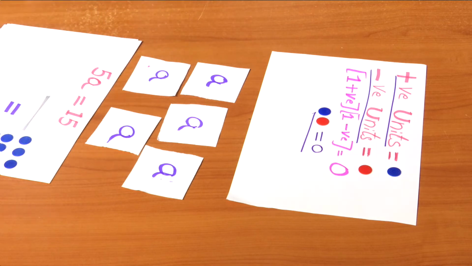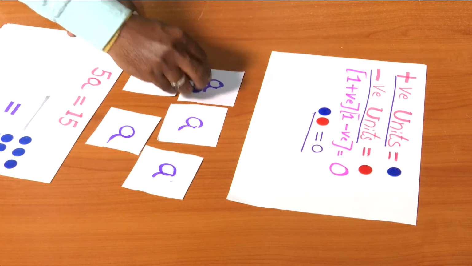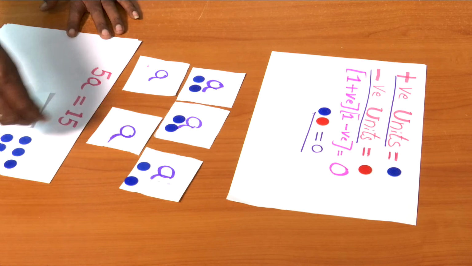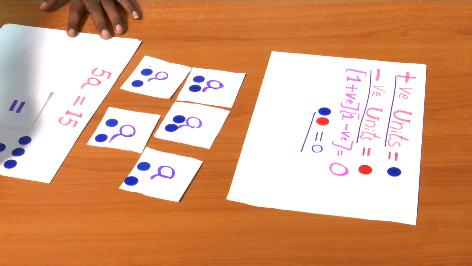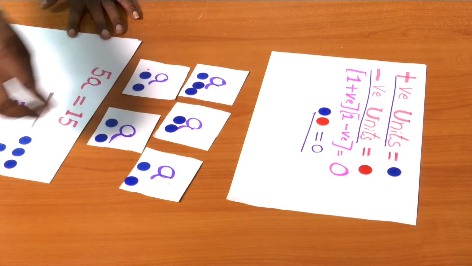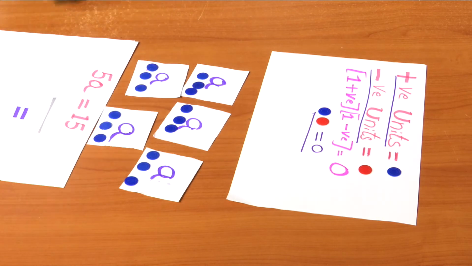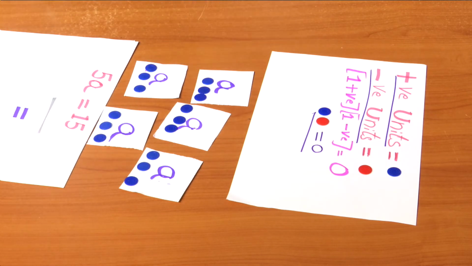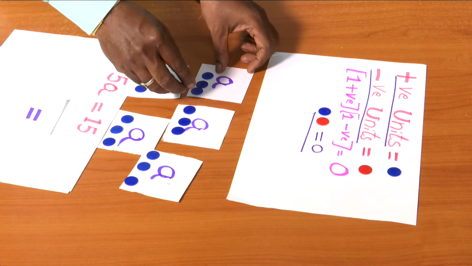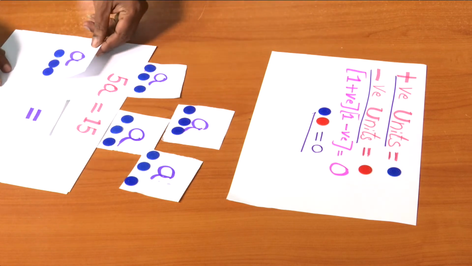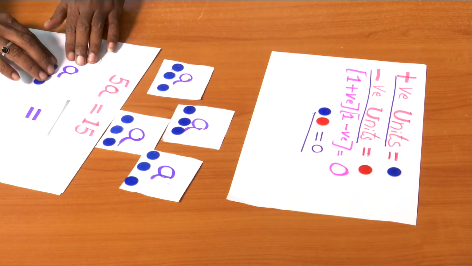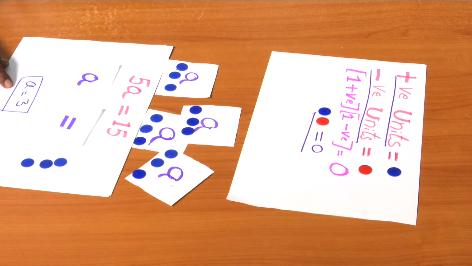Divide into 5. Put 1 in each. In every a, how many tokens are there? 3. Therefore, when we divide by 5, a is equal to 3.